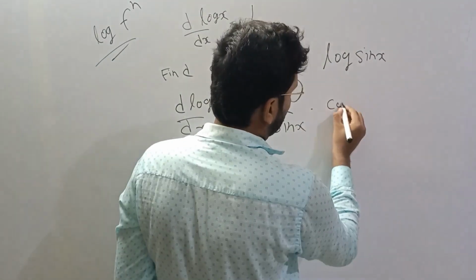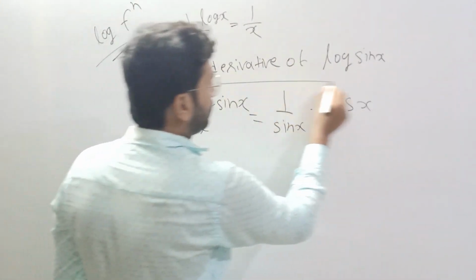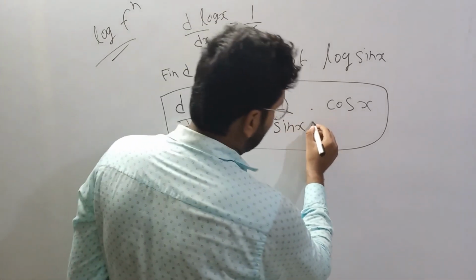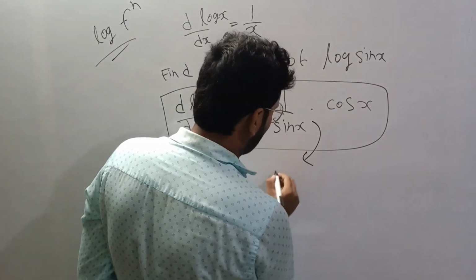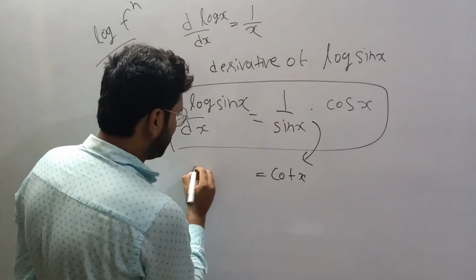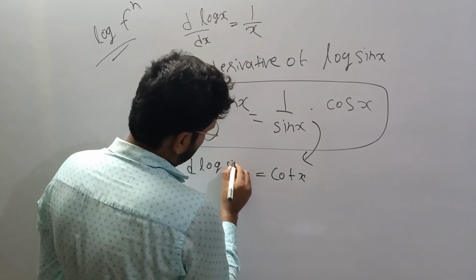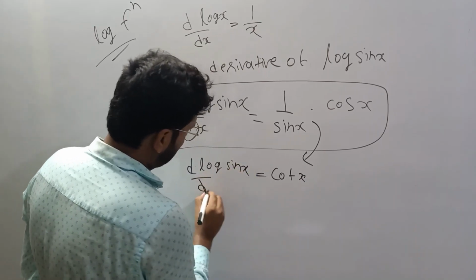So the answer is cos x by sin x, which is cot x. So this is our final answer for the derivative of log sin x with respect to x.